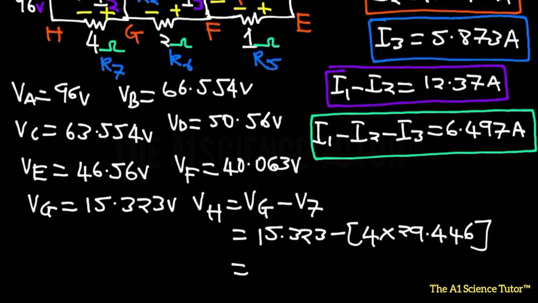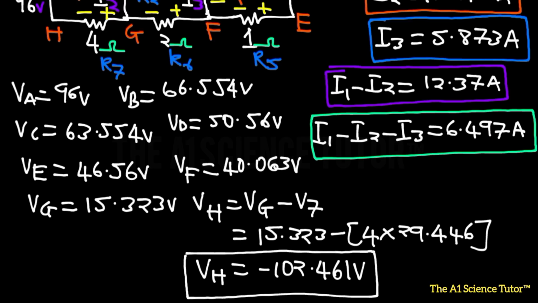Notice that this is going to be grossly incorrect. Let's find out. That will be 15.323 minus 4 multiplied by 29.446. That gives us negative 102.461 volts. So that will be the potential at point H.